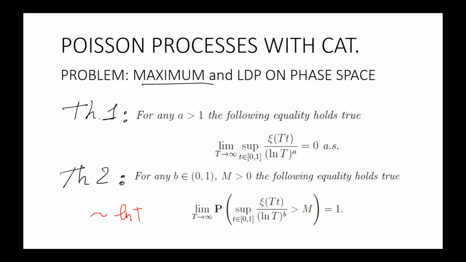Or probably we can write its behavior as O of log t, or some function, for example g of log t, where g should be some slowly varying function, and so on.